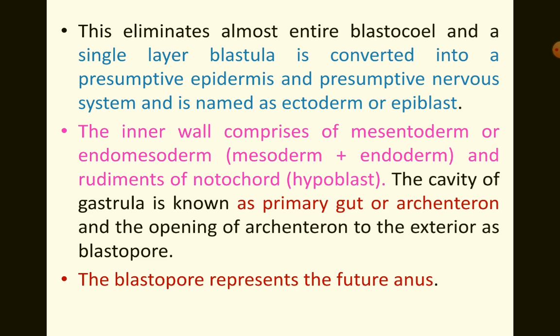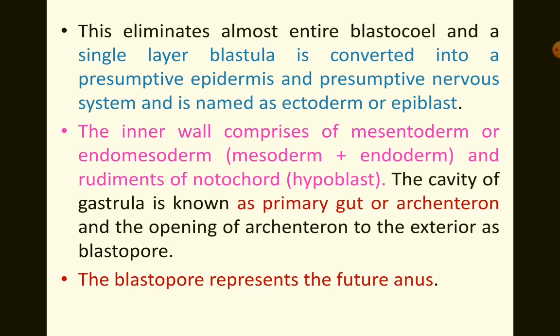The entire single-layered blastula gets converted into the presumptive epidermis and the presumptive nervous system, and is named the ectoderm or the epiblast. The inner wall comprises the mesendoderm, that is mesoderm plus endoderm, and the rudiments of the notochord, that is the hypoblast.